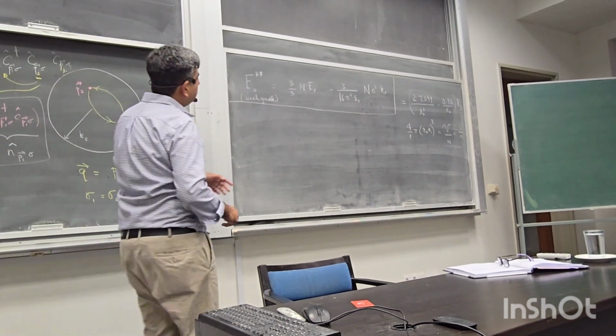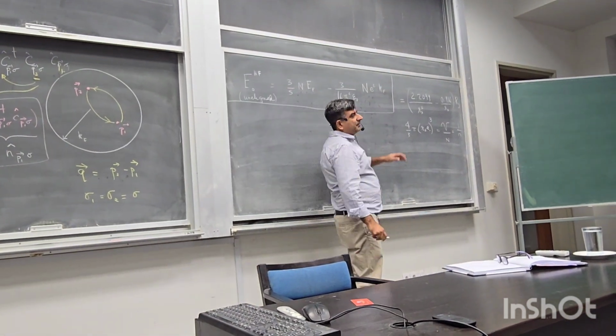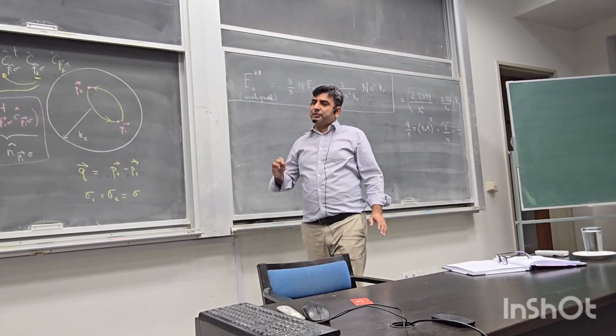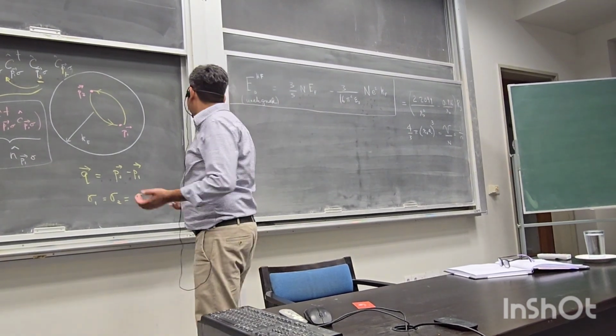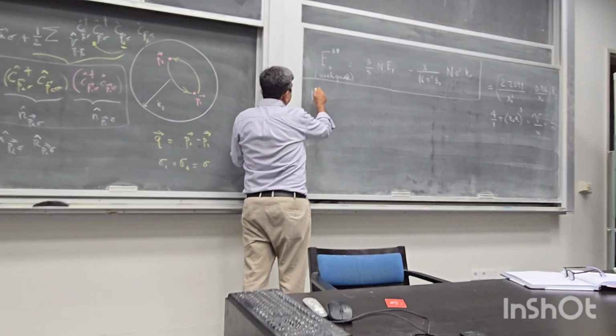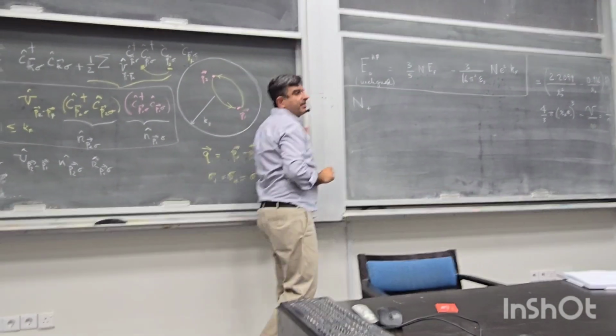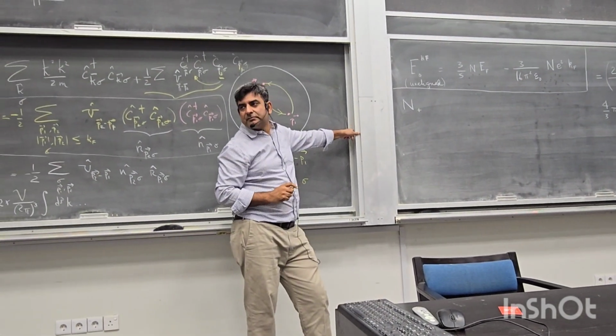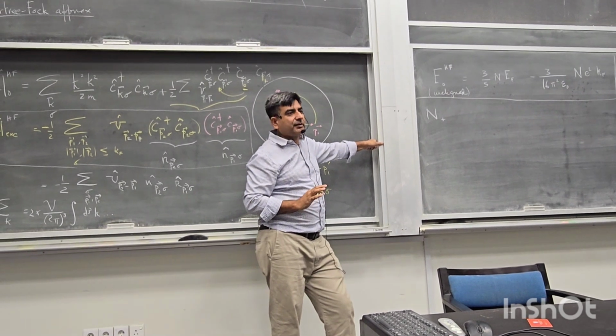Now there are two terms. One is a positive term, the other is a negative term. Suppose we have a scenario in which there are n plus electrons spin up. Correct? Okay.